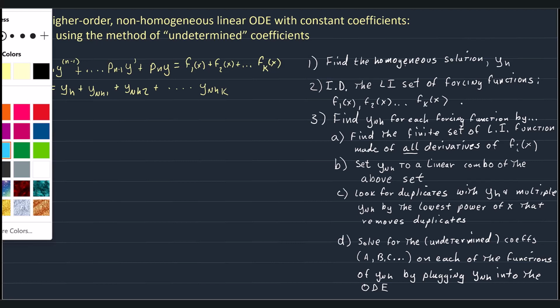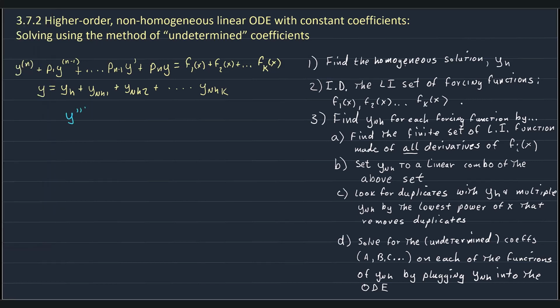Let's look at the ordinary differential equation y quadruple prime minus y double prime equals 3x squared minus sine 2x.